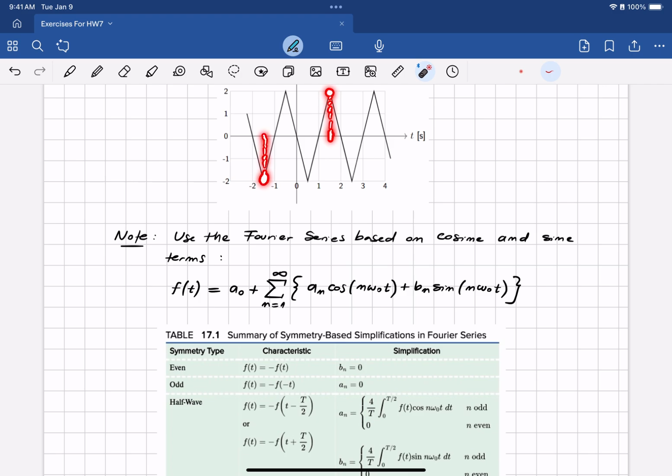And we get the same value but negative. So what's the conclusion of this? That f of t, which is this value, equals minus f of minus t. So our function has odd symmetry.